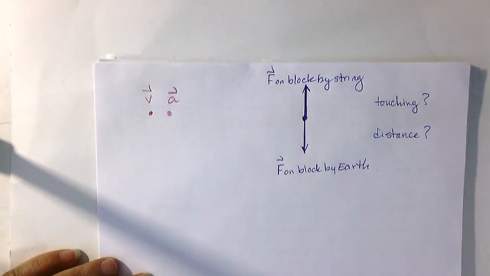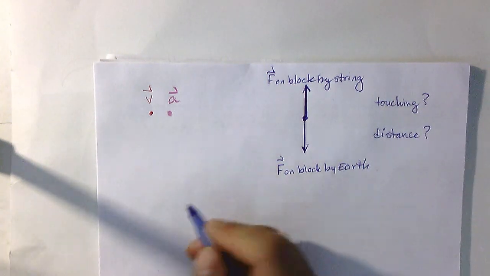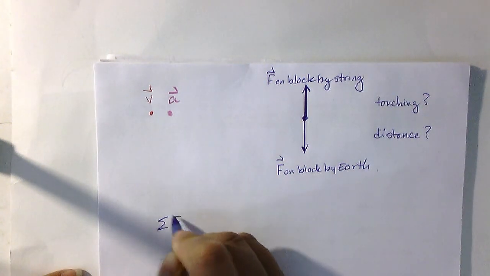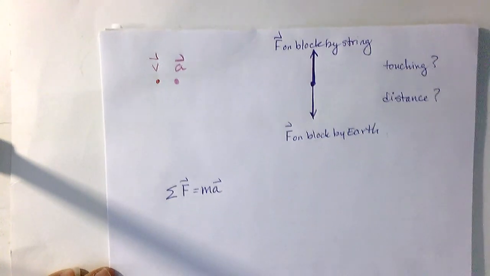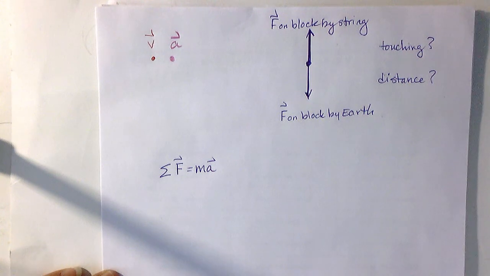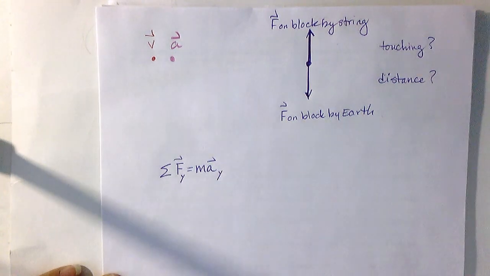Now I'm ready to apply Newton's second law formally. So we write the sum of the forces is equal to ma. Since I'm only working in one direction, I only need to include this for one direction. So I'm going to go ahead and put subscript y to indicate that I'm working in the vertical direction in this problem.